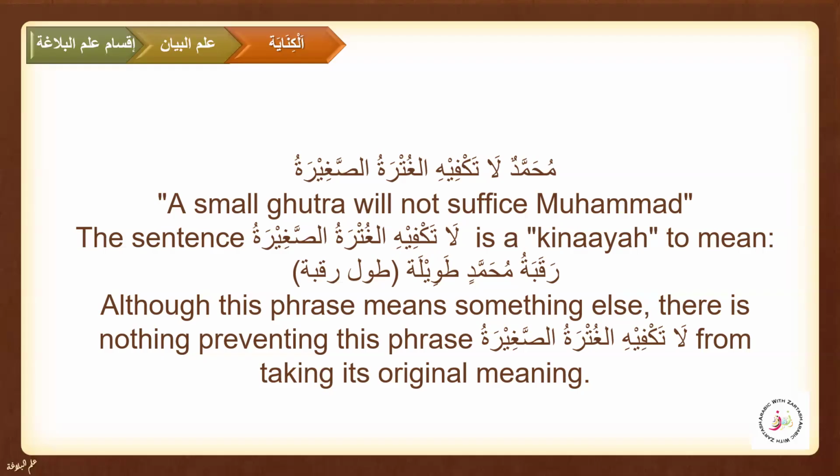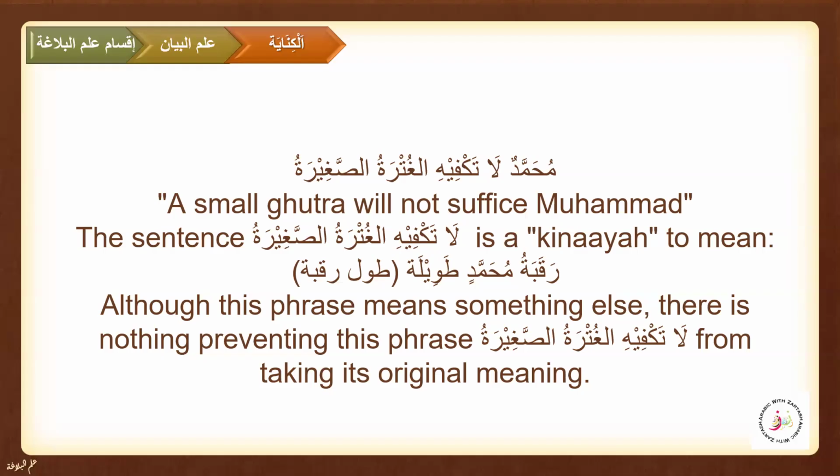So why is it kinaya? Because the sentence has a literal meaning as well. Maybe the khutra really is too small, but there is a hidden meaning. It's actually talking about the length of his neck. There's no strong reason in the sentence that stops us from taking the literal meaning too. So both meanings are possible, and that's what makes it a true kinaya.